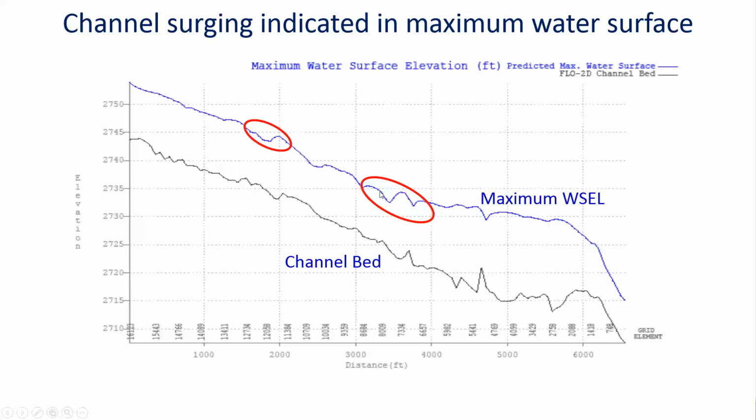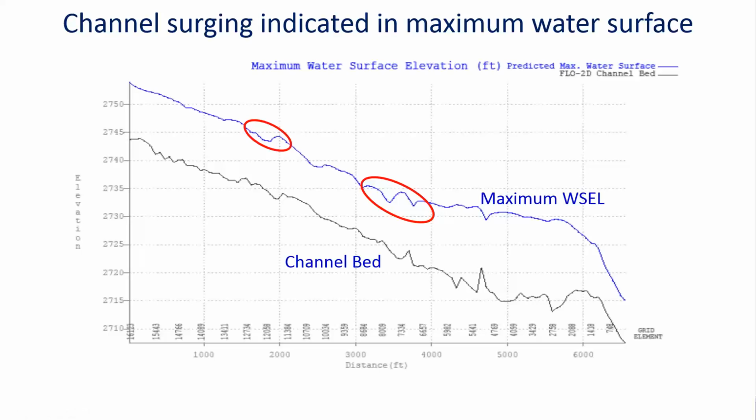Even if it's a constriction, you should have your maximum depths without an adverse water surface slope for the maximum value. And the only way that this could actually occur is if you had a tributary coming in and the flow went upstream a little bit. Otherwise, if the flow is always going downstream in your model, having adverse slopes in the maximum water surface profile is impossible. It's a numerical error.